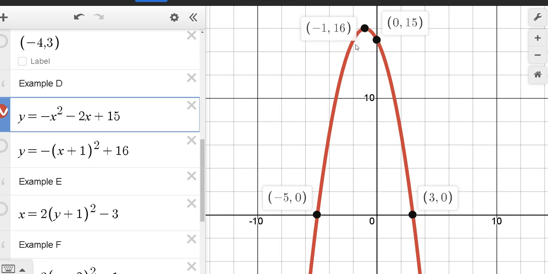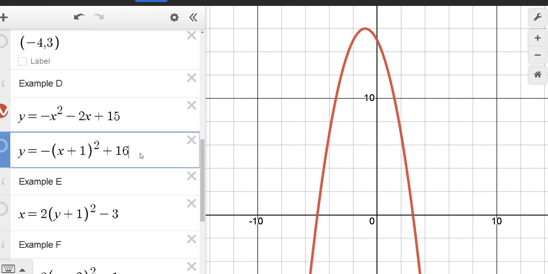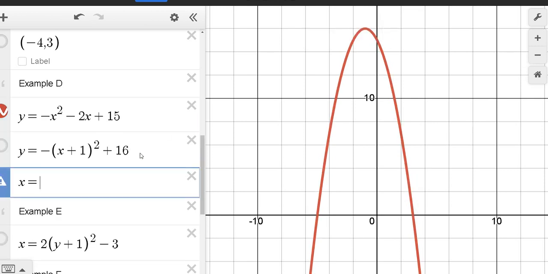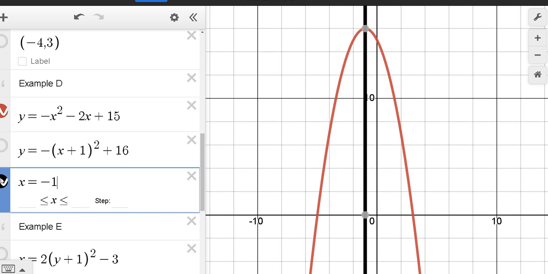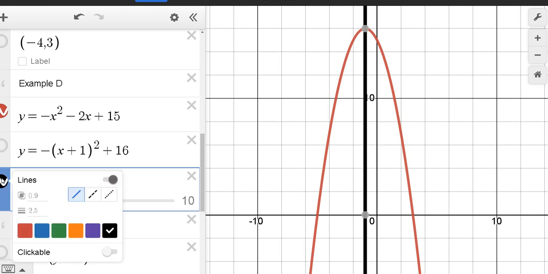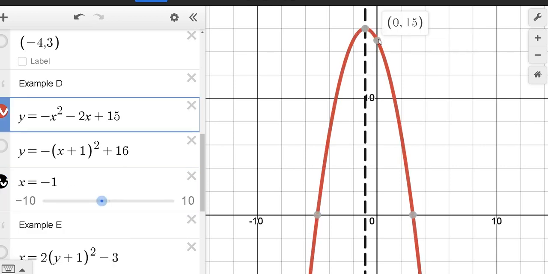Now you can get a freebie because the line down here at x equals negative 1, and let me make it a dashed line here, this one, that's your axis of symmetry. So if there's a point right here, there's going to be a point on the opposite side of that line. So negative 2 and 15. A mirror image of it.